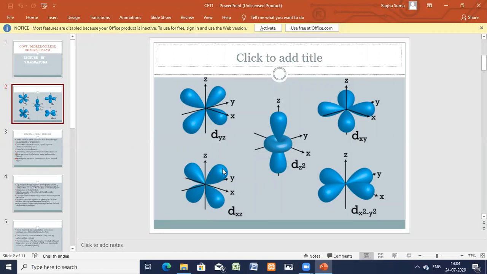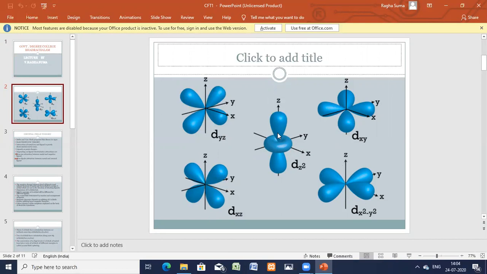This blue part is the electron cloud. These 4 orbitals have electron clouds in between the axes, the Cartesian x, y, z.